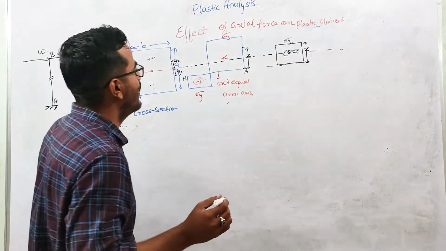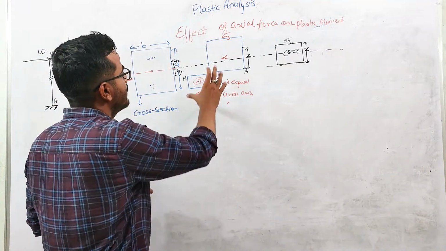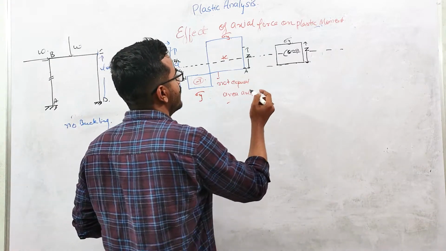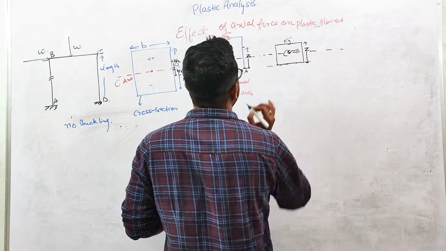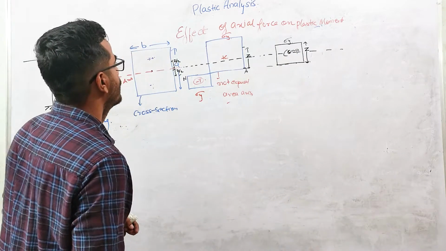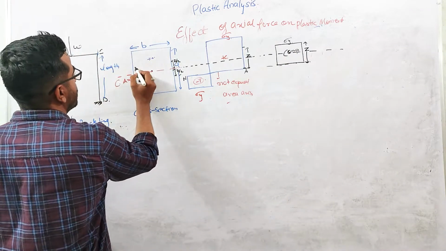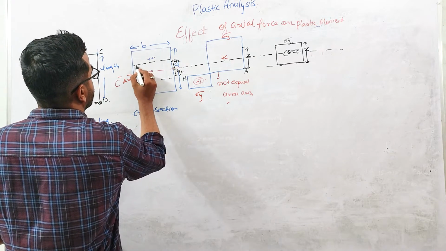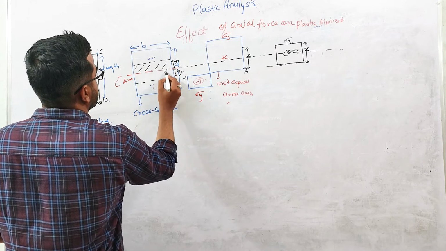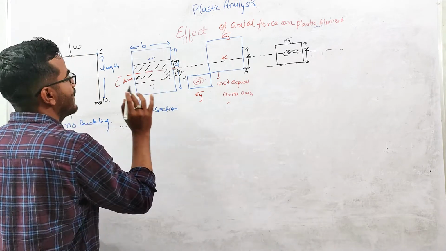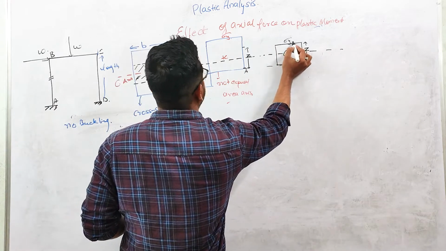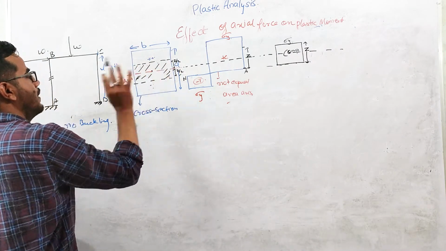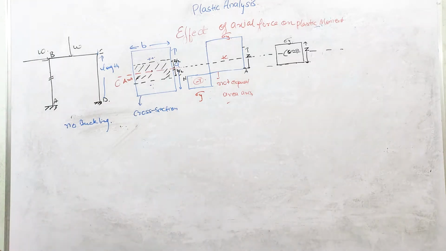So here I'm dividing the stress diagram into two parts. One part is this one. Due to axial load, the stress diagram will look like this. Okay, and if you see in this cross section, on this portion, the distribution of stress will look like this. Okay, sigma y, sigma y, sigma y. It is uniform on this part, right?